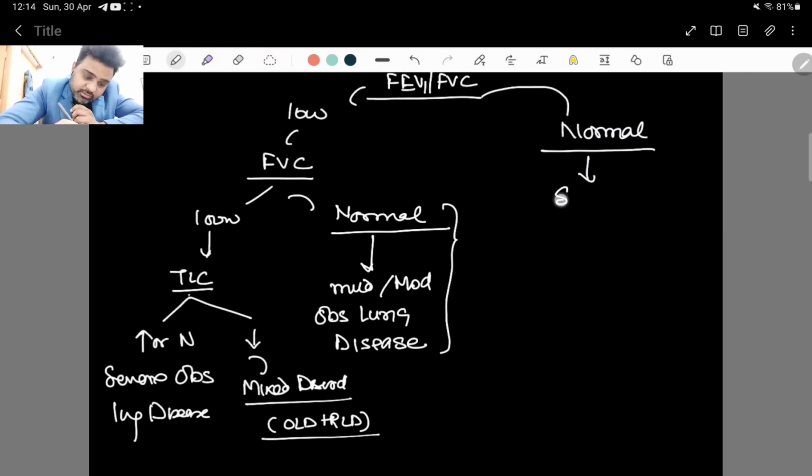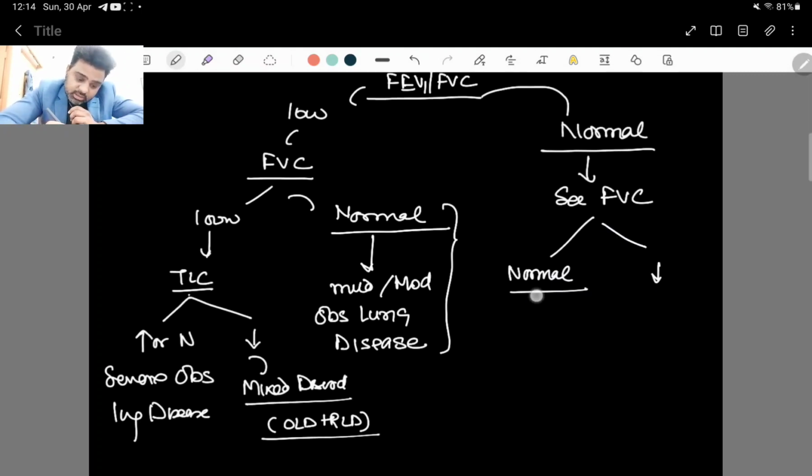What will we see? We will see FVC. FVC can be normal or it can be decreased. If it is normal, there can be two things. The patient can have normal lung mechanics, or the patient can have a pulmonary vascular disease.